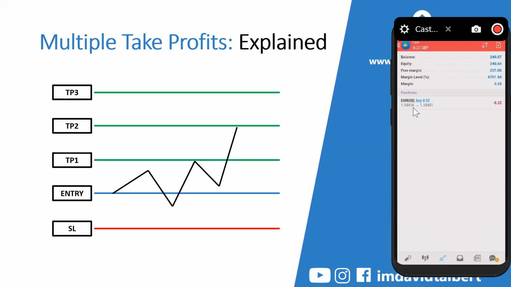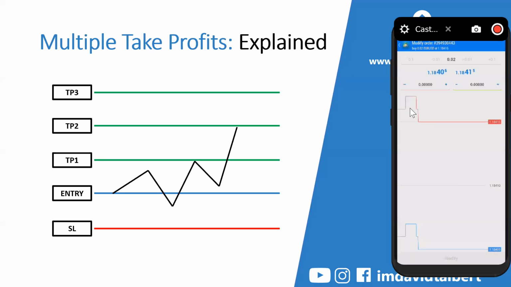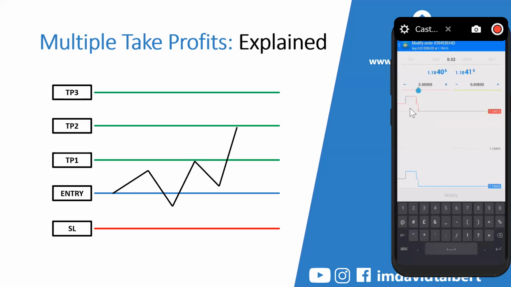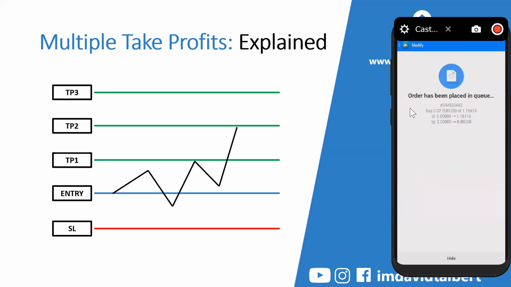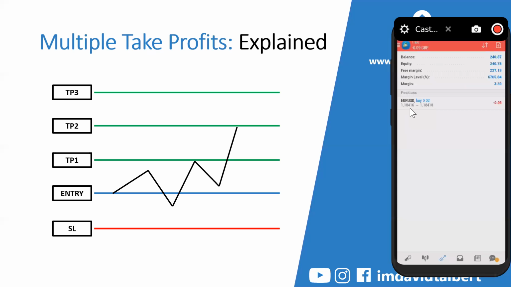This is the entry. So if your stop loss was in a negative, I'll show you, for example. I'll just put a stop loss in, for example, 1.18 and 116, for example.